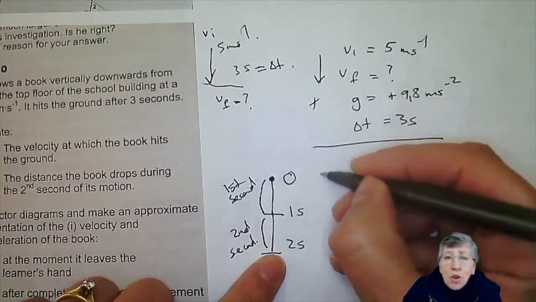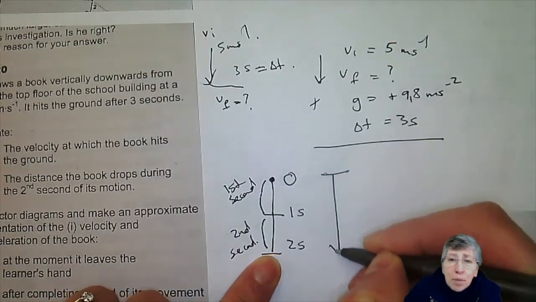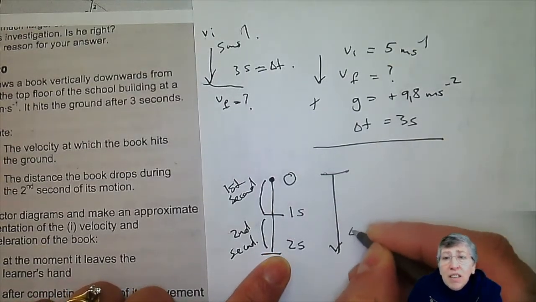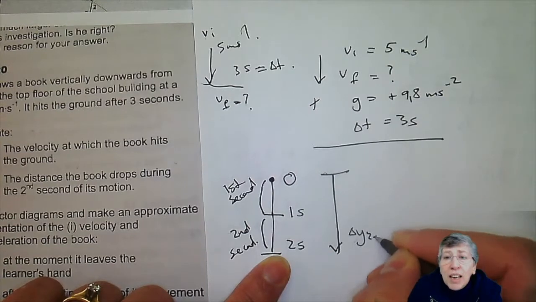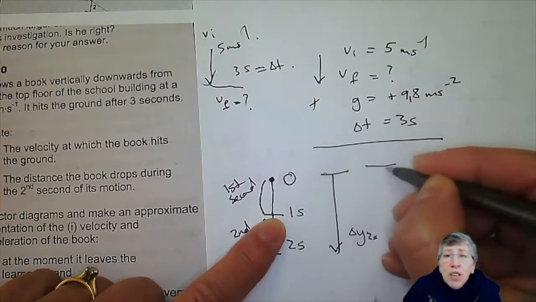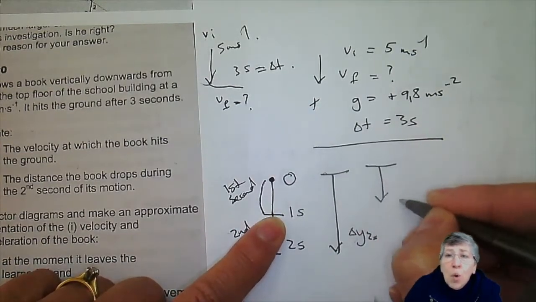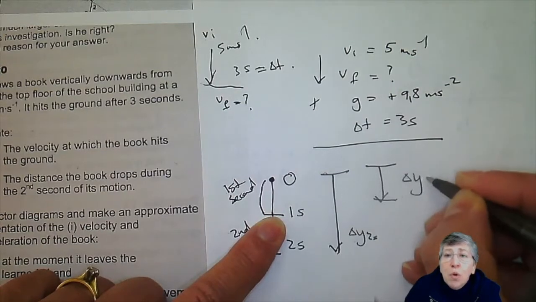So first you are going to work out the distance up to there. You're going to work out the delta y for 2 seconds, and then you are going to work out the delta y for 1 second.